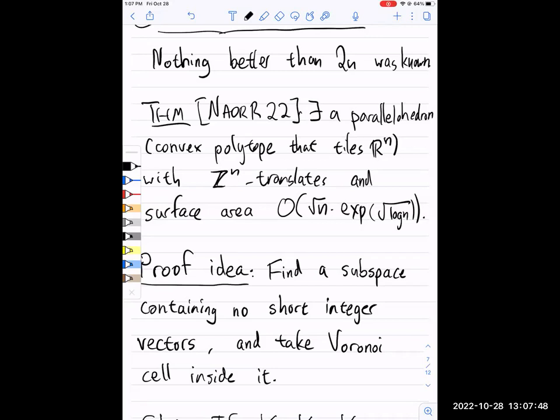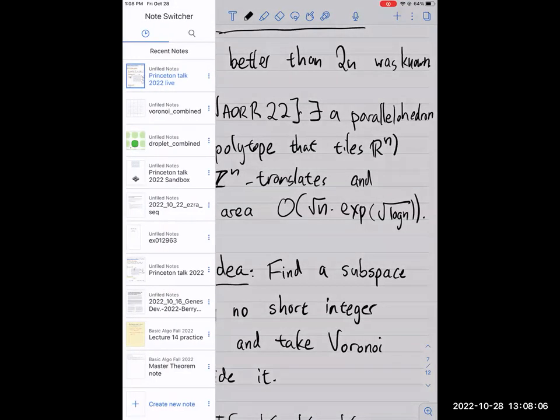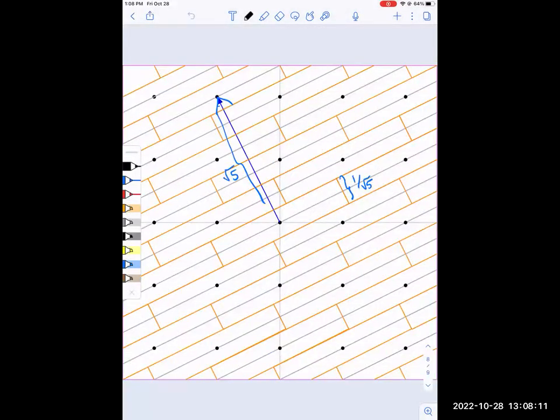I think those bodies, it's not clear how to construct them. Another thing happening here is that the tiling is not face to face. It's like a brick wall tiling. Typically you think of tiling as face to face, but in a brick wall the faces don't really match; they're shifted.